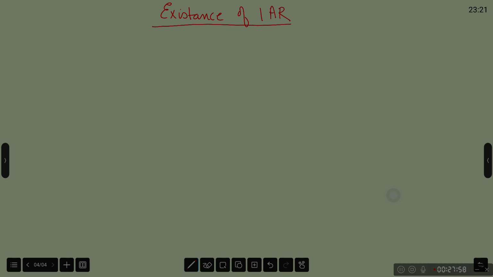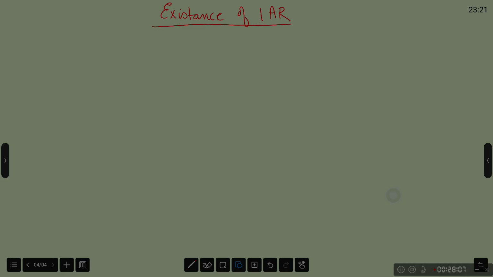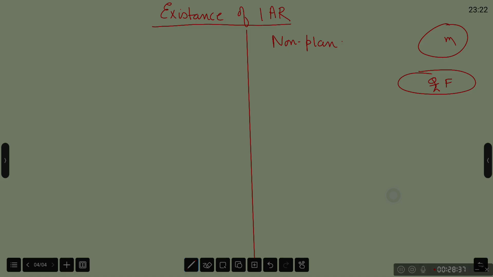If you are considering the motion of a body in non-planar mode, non-planar motion, motion of what?